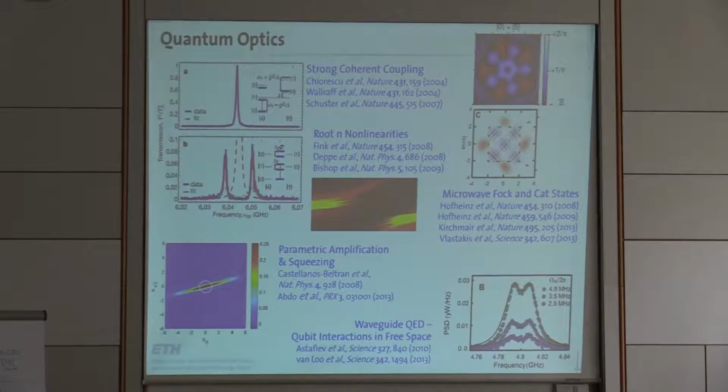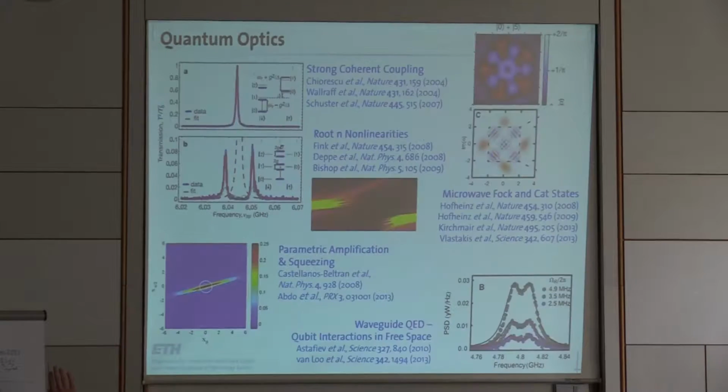Interactions can be so strong that you don't even need a cavity to have strong interactions between individual photons and individual two-level systems. You can just leave the cavity away and put your qubits into an open waveguide and still see strong interactions. So that's a whole range of experiments. This is only a small fraction, maybe those articles published in glossy journals with glossy covers. There are many more, and maybe more interesting ones, and it's also not totally up to date anymore.